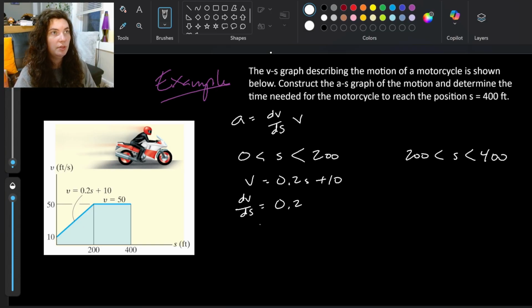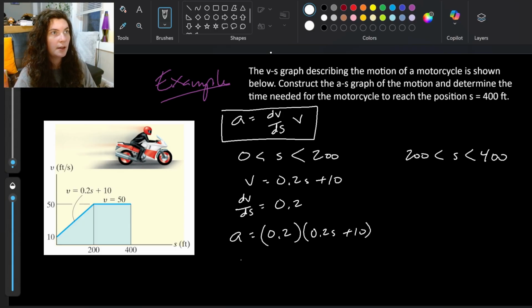And I can use these two things, plug them into our original equation up here, to get acceleration equals dv/ds, which we just decided is 0.2, times the velocity, and that velocity function is 0.2s plus 10. So the function I have for s from 0 to 200 for that interval is going to be 0.04s plus 2.